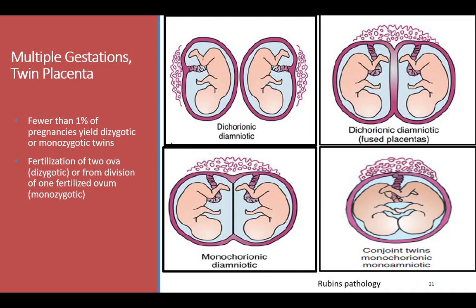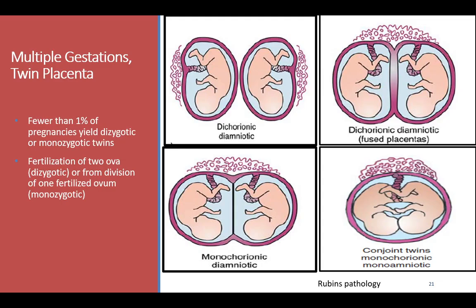So this one is a fused placenta. Sometimes we see monochorionic, 1 chorion, this is the red in color, monochorionic, but we have 2 amnions, so monochorionic, diamniotic. Rarely we can see conjoined twins, monochorionic, monoamniotic.